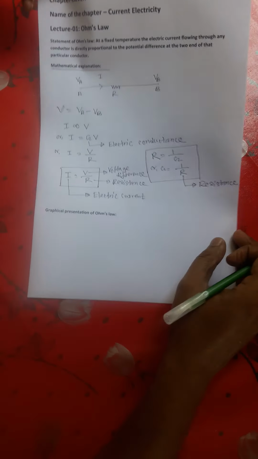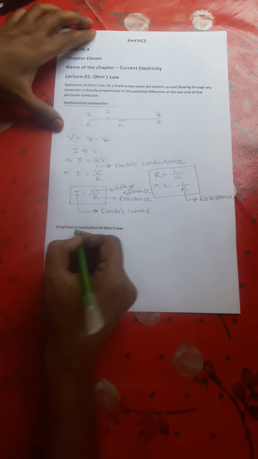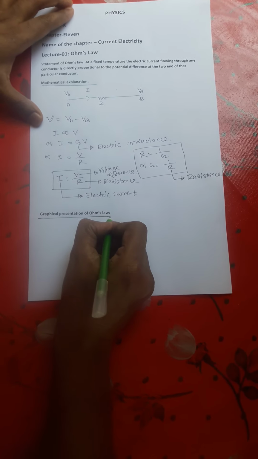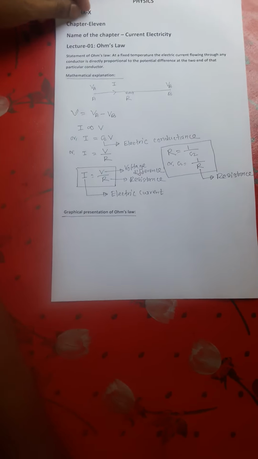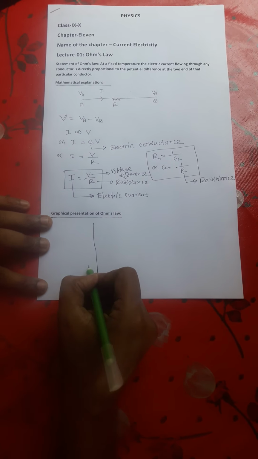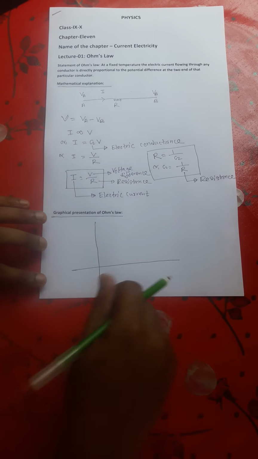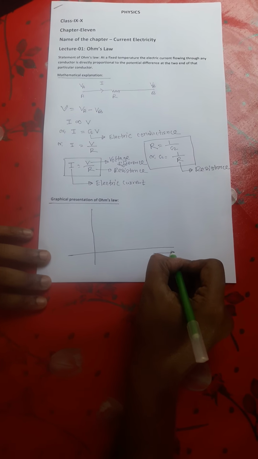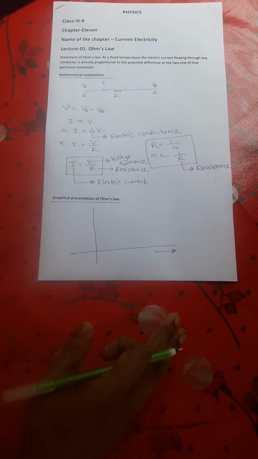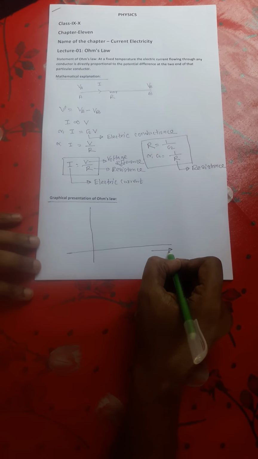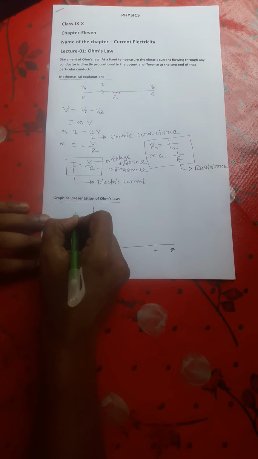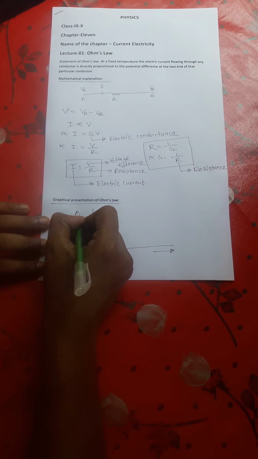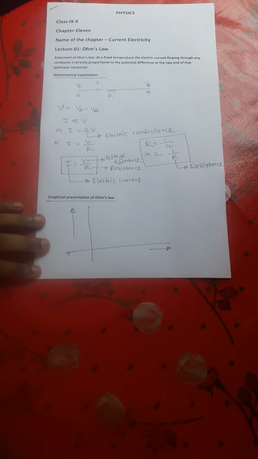Now I'm going to draw a graph to represent Ohm's law. To draw a graph, at first we need to draw two axes, one independent axis and another dependent axis.